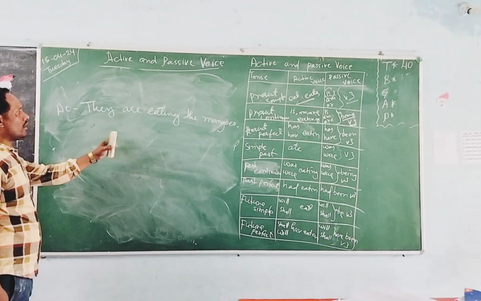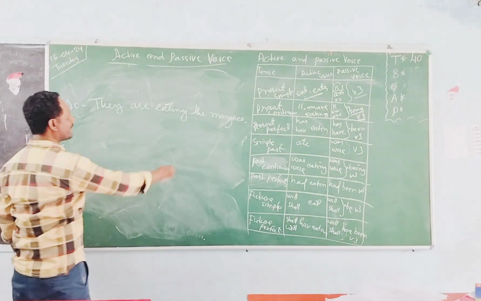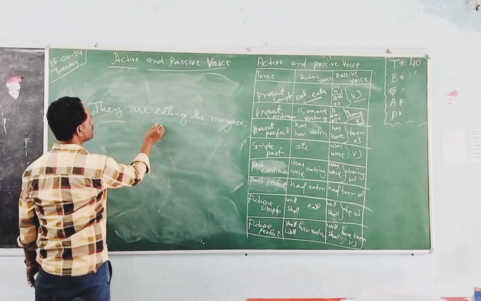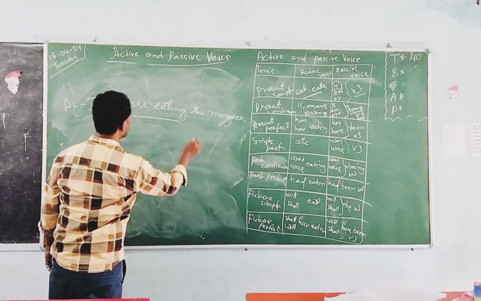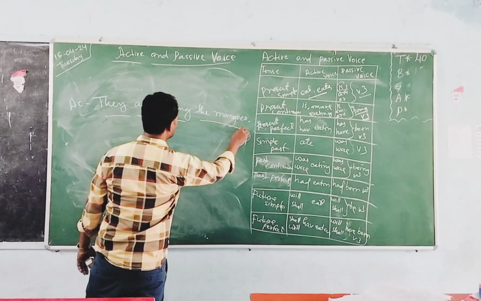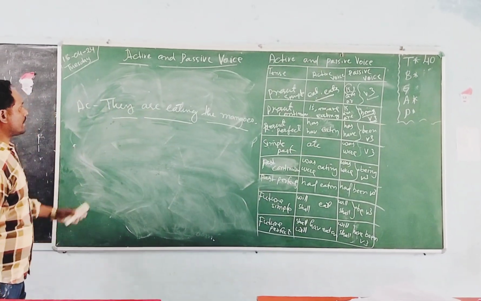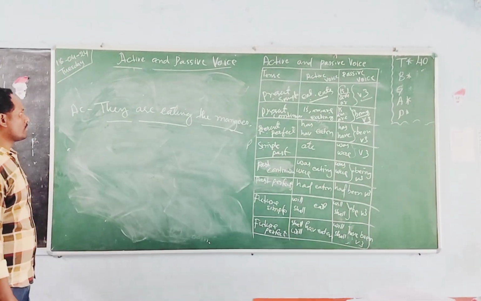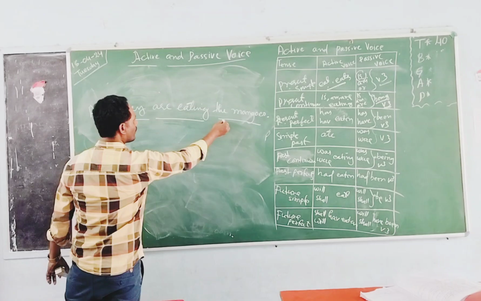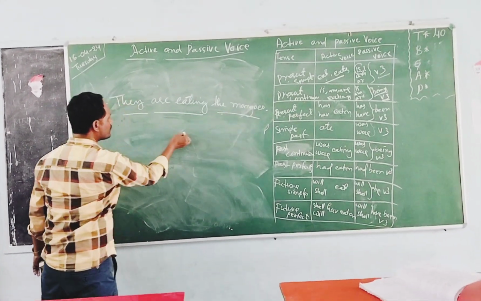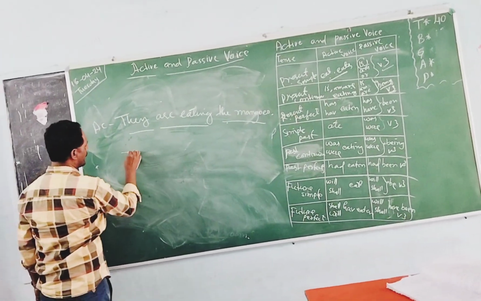So let us go to the basic formula. What will be there? Subject, verb, object. Now let us take the object into the subject place. The mangoes.